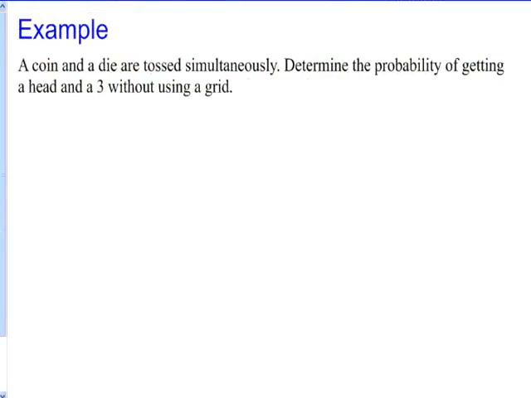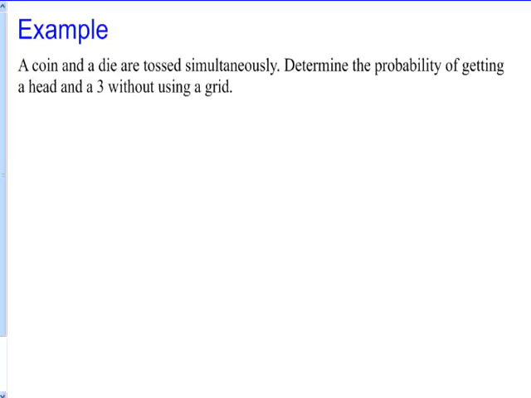Just like I was saying, a coin and a die are tossed simultaneously. Determine the probability of getting a heads and a 3, with a grid and without using a grid. Okay? So we have two different types of outcomes here. For a coin, we could either have a heads or a tails.